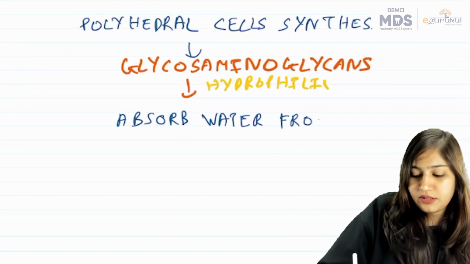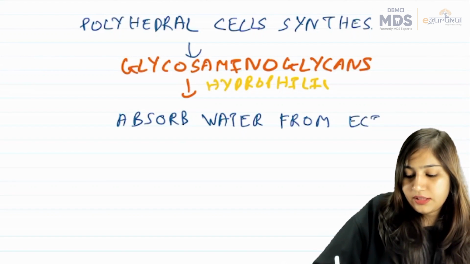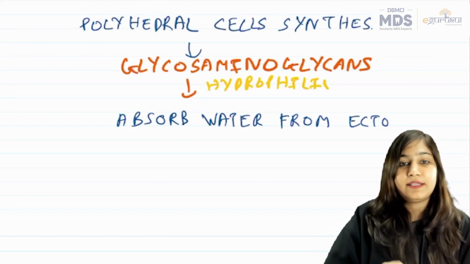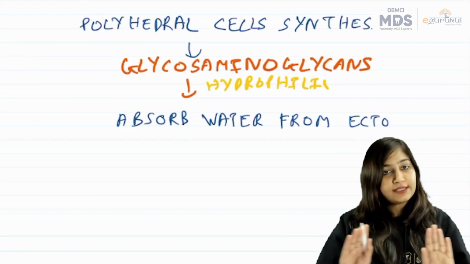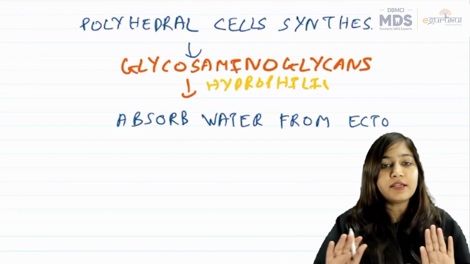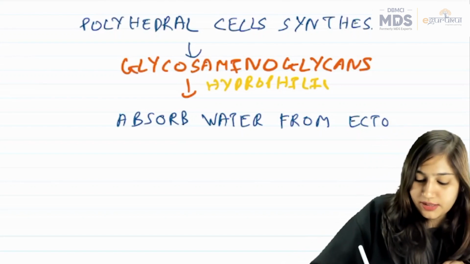Absorb water from the ectomesenchyme. As a result, the polyhedral cells start moving away from each other.